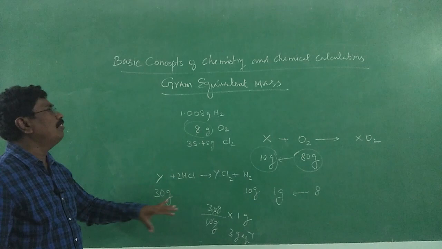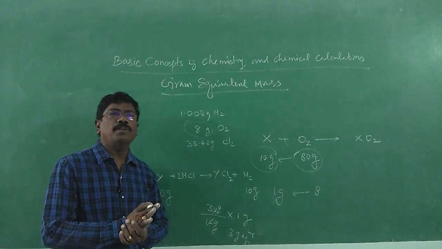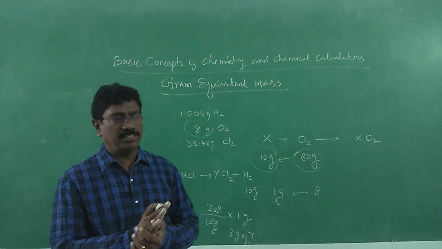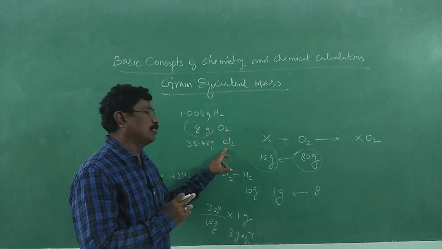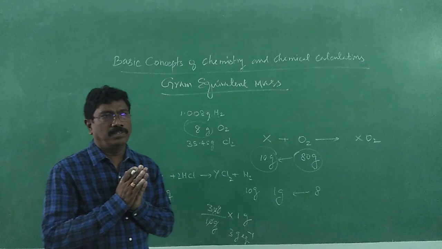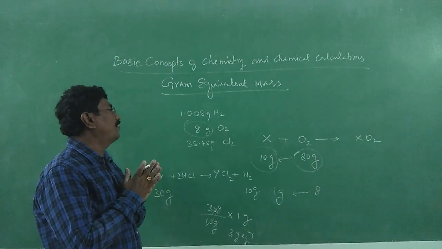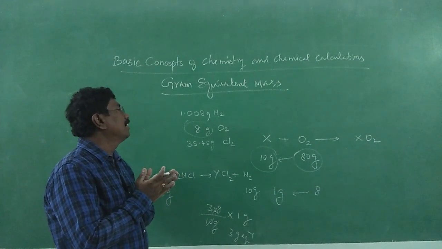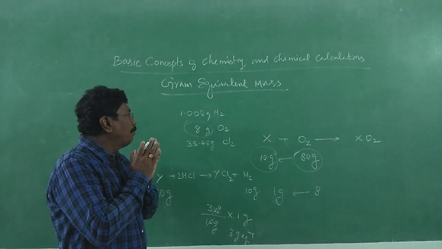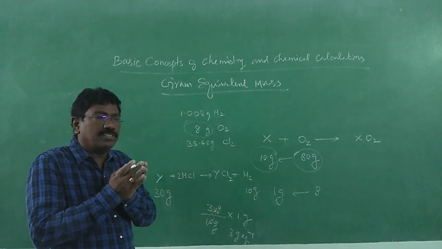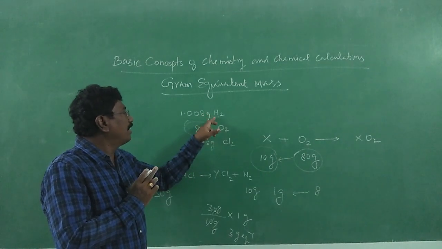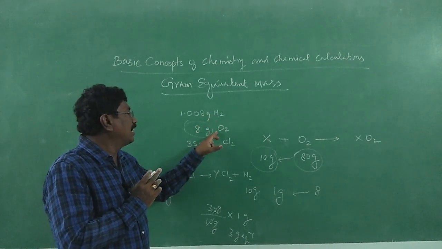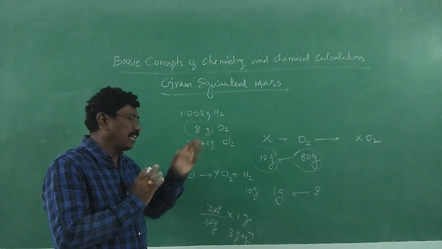So this is how we find out the equivalent mass of an element or substance based on hydrogen, oxygen and chlorine as standards. So what is equivalent mass of an element or a compound? It is the mass of that element or substance which combines with or displaces 1.008 grams of hydrogen, or 8 grams of oxygen, or 35.45 grams of chlorine.